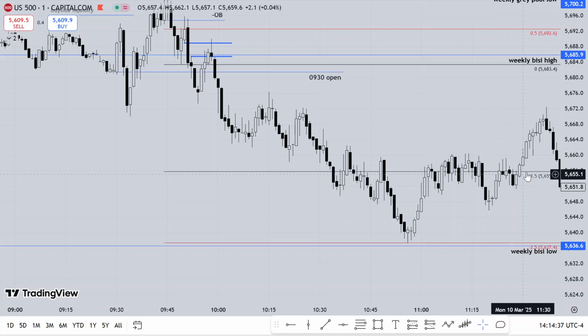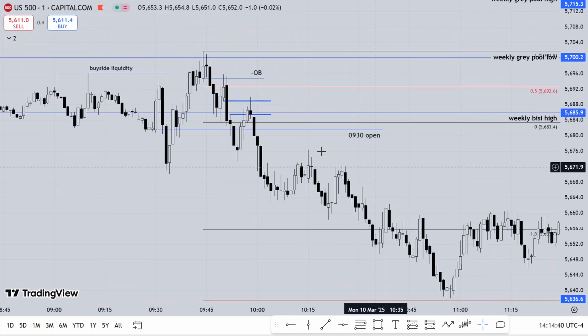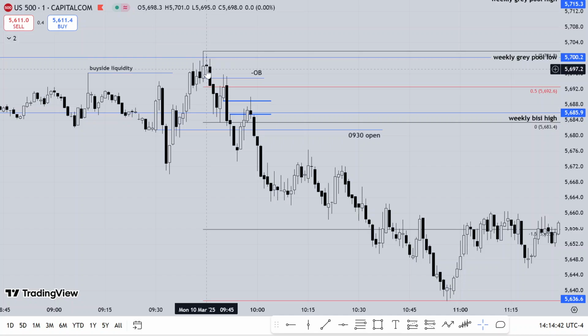As you can see, when price dropped from a premium to a discount, price had to go back to premium, because for sell entries, we enter our sell entries from premium PDRAs. So every PDRA above this 0.5 is a premium PDRA.